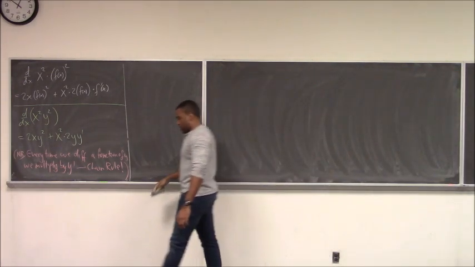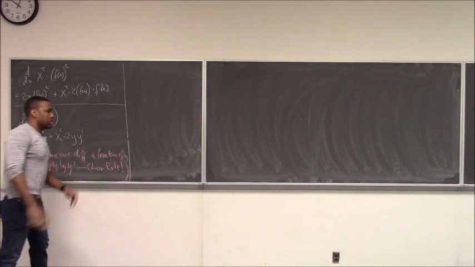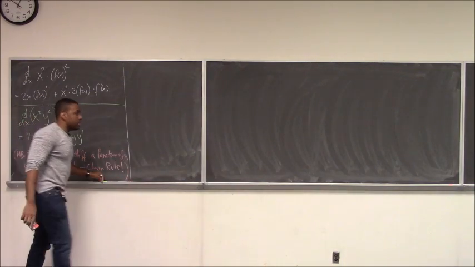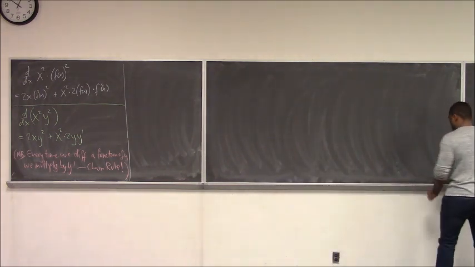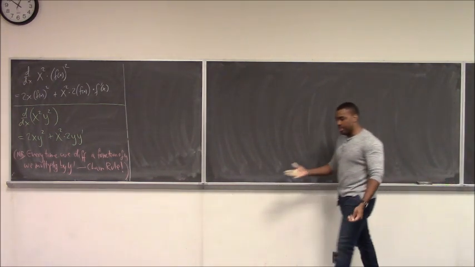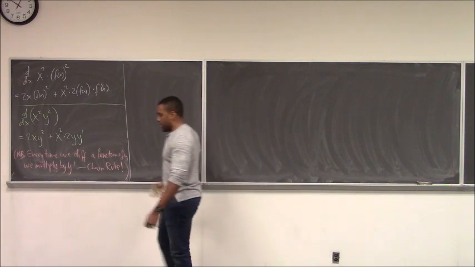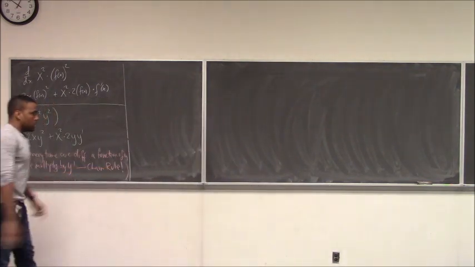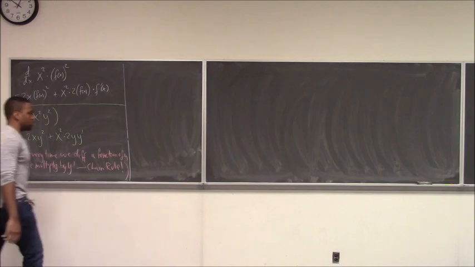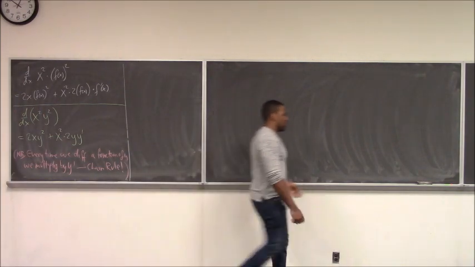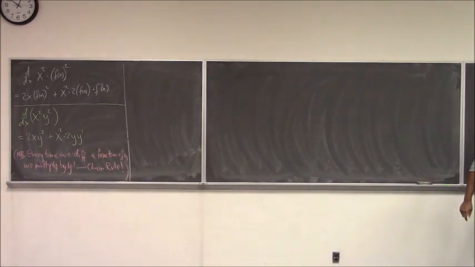So all you have to do, remember, in this version of implicit differentiation, whenever you see a y and you're finding the derivative with respect to x, you're thinking of the y as some inside function that's there. We can get a little bit more general, but for now, let's start with that.